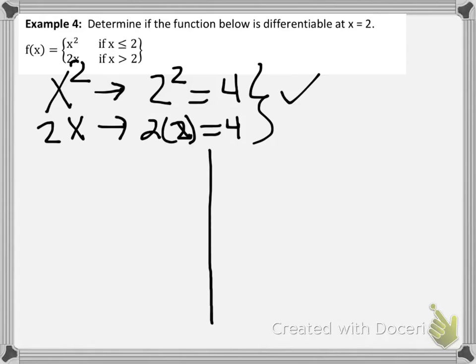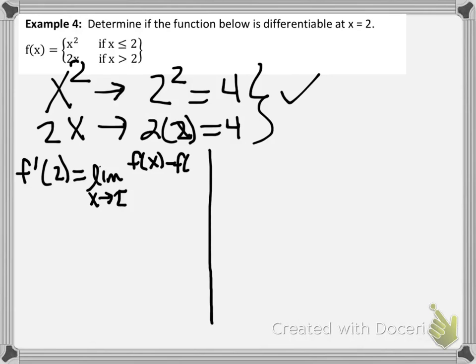Well, when I do f prime of 2, I'm going to take the limit as x goes to 2 from the left-hand side, because that's the function x squared, so f of x minus f of 2 over x minus 2.